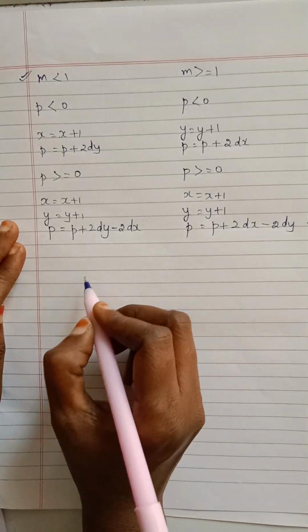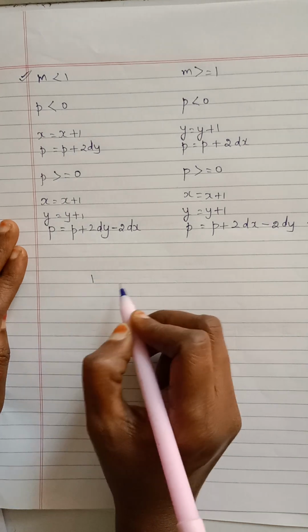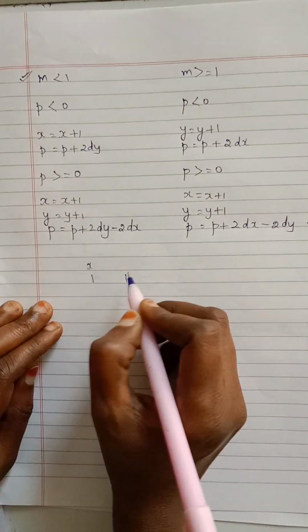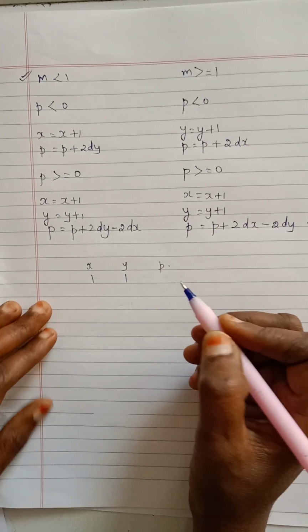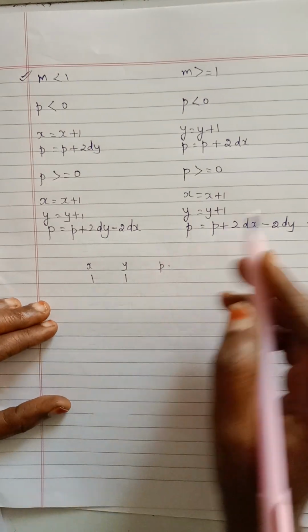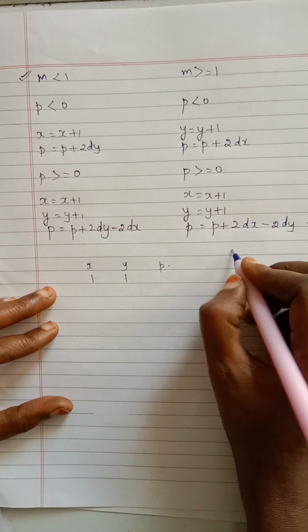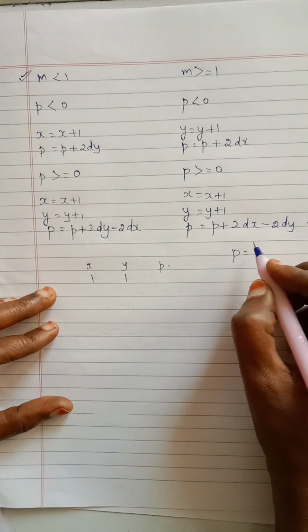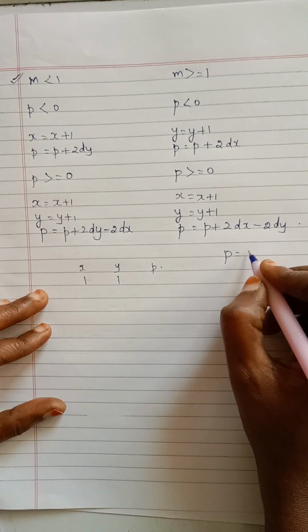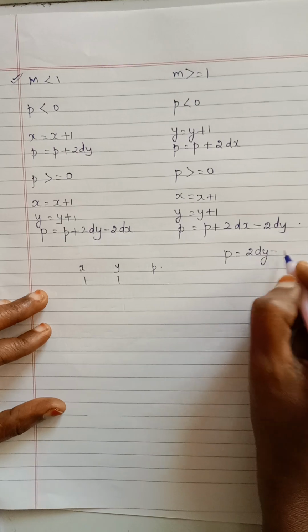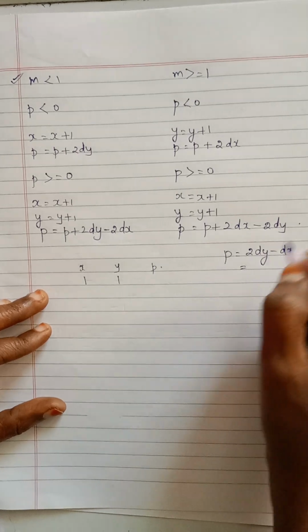Here we plot the points. So the first values are x is 1, y is 1, and p. Now what is the value of p here? First we have to find the decision parameter. p is equal to 2 dy minus dx. So what is dy?